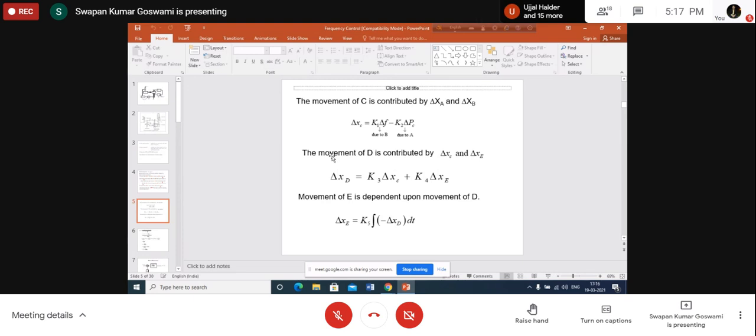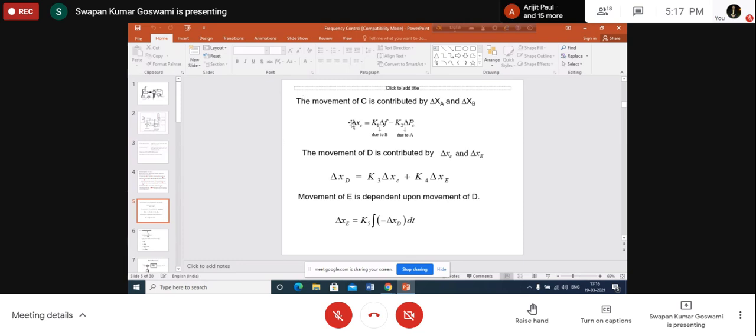And for the development of those transfer functions, what is needed? Generally we develop them in terms of the Laplace transform. We require applying the Laplace transform there. So here again we shall be developing a transfer function for the speed governing system.